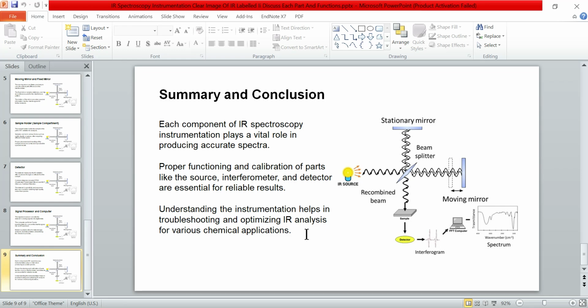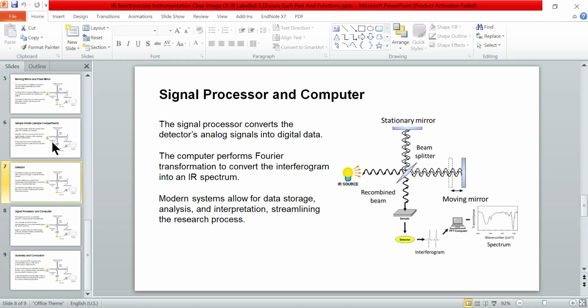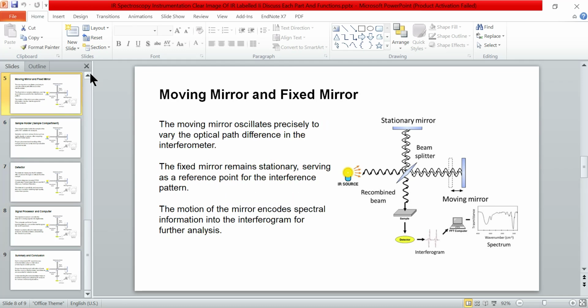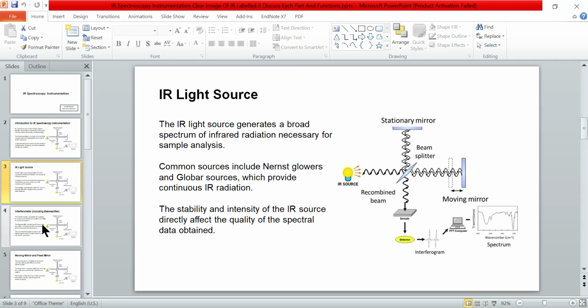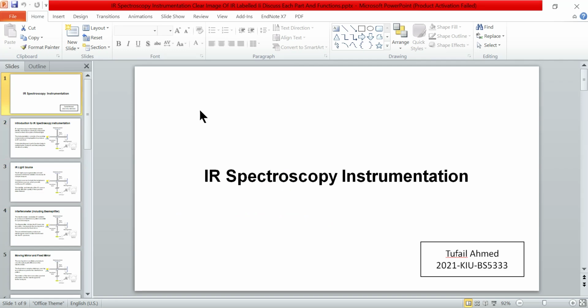To get any correct result or spectrum, IR instrumentation is very important. I think you are all now aware of IR instrumentation and why IR is important in our daily life. So this is my whole lecture about IR spectroscopy instrumentation.